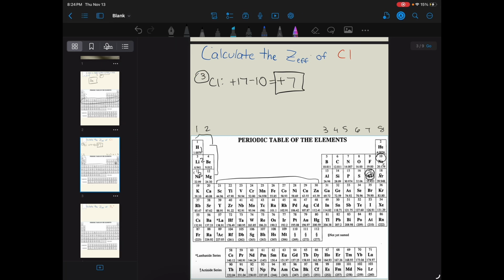So only for neutral elements. So because chlorine here is in group 7, we know that since it's neutral, it would have a Z effective as plus 7. So still write out these steps for neutral elements, but this is just an easy way to check to make sure that your answer is correct for neutral elements.